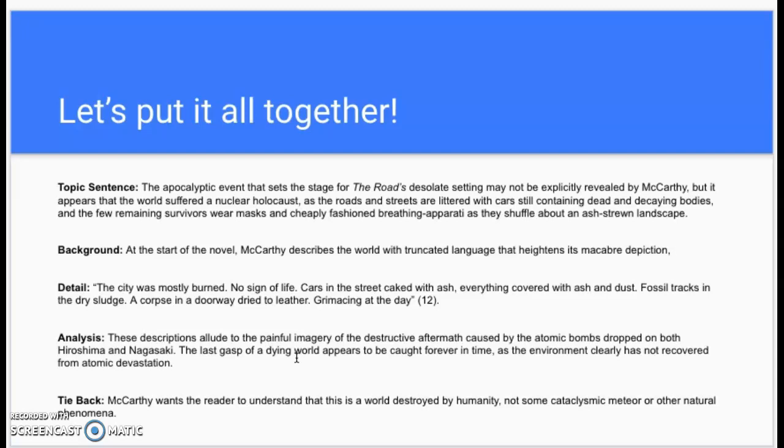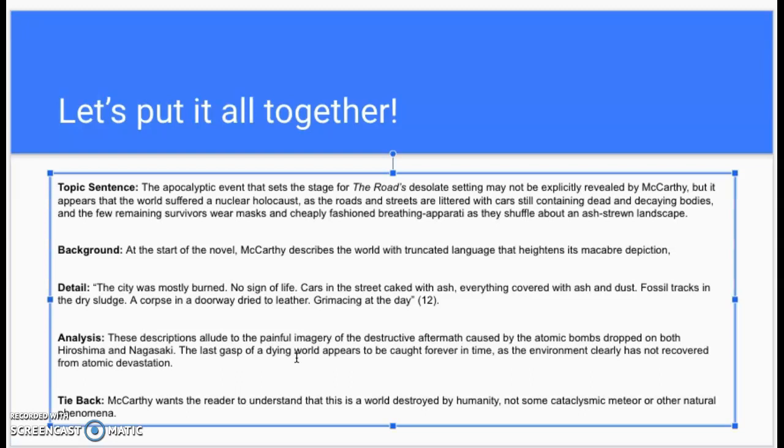McCarthy wants the reader to understand that this is a world destroyed by humanity, not some cataclysmic meteor or other natural phenomena. So you'll see that my topic sentence flows into my background sentence, which then flows into my detail, which is a quote. I then analyze that quote and tie my analysis all the way back up to my topic sentence, almost like a circle.